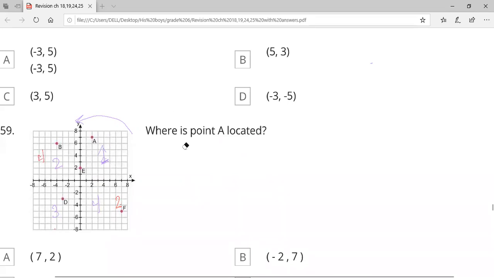Because we count anti-clockwise as the positive direction. Clockwise is negative. Anti-clockwise is the positive direction, so I count 1, 2, 3, 4. Yes, that is what I mean.